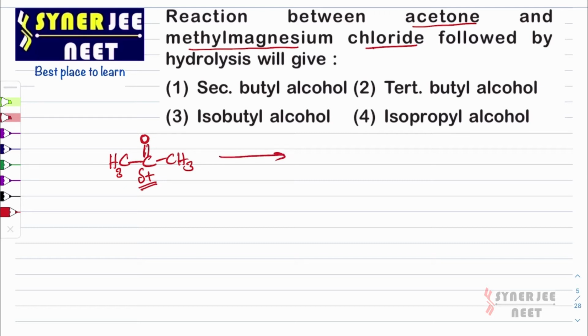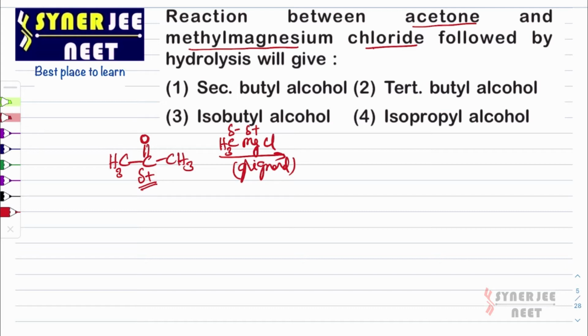Now if it is reacted with methyl magnesium chloride, which is a Grignard reagent. Grignard reagents have a polarity like this. Carbon has a partial negative charge, and magnesium, being a good electropositive element, has a partial positive charge.